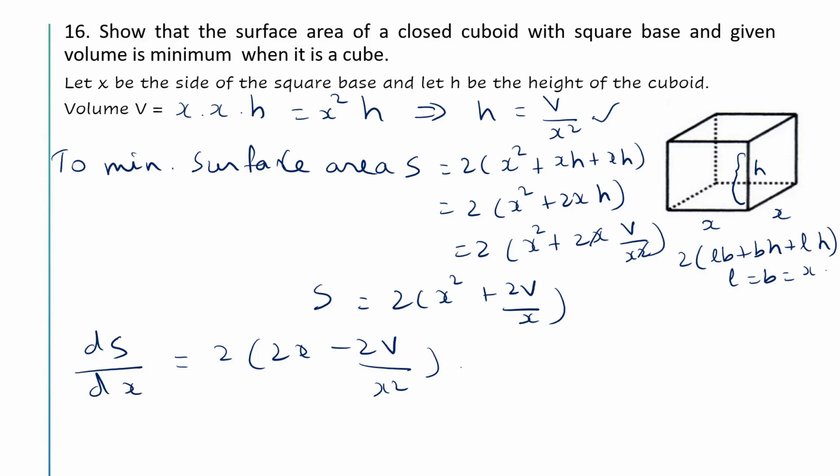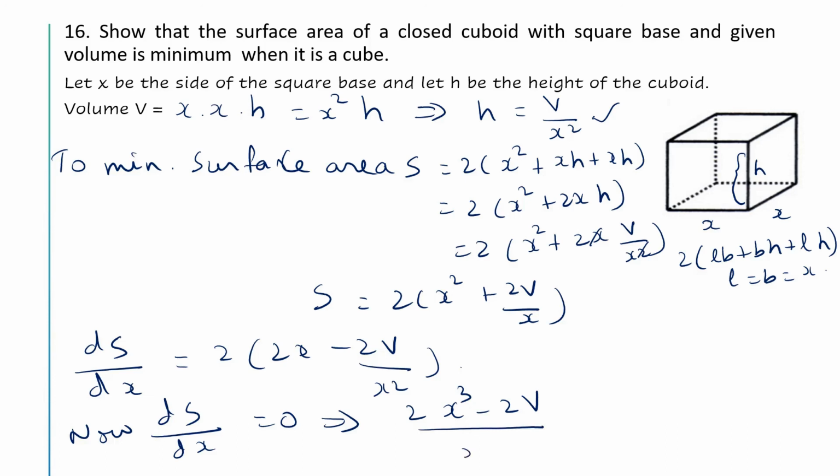Now we know that at the critical points ds by dx equal to 0, which means 2x cube minus 2v by x square equal to 0, or from this we get x cube equal to v, or x is equal to cube root of v, or it is v raised to 1 by 3.